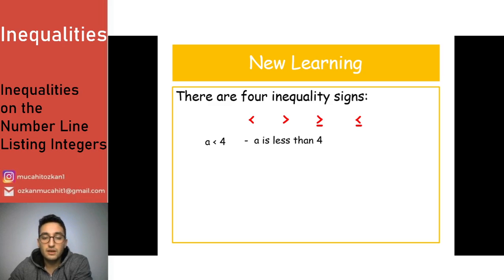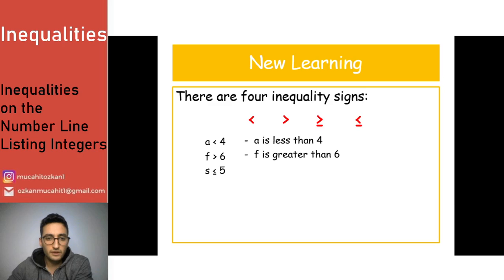This is how we read them out loud. In the second one, f is greater than 6. So f can be any value greater than 6, like 7, 8, or 1 million. Similarly, in the first example, a is a number which is less than 4. Any number might be less than 4.